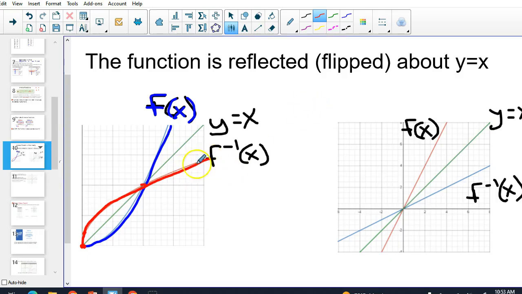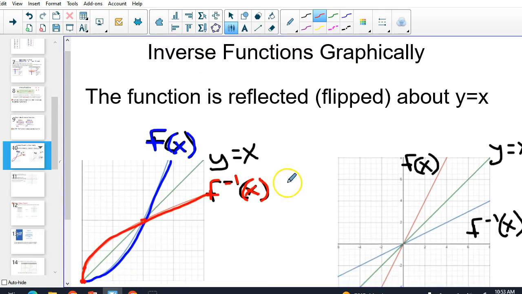To get the inverse, which is my red graph here, all that we have to do is change the x and y values, which if you think about it, you're making y equal to x and you're making x equal to y. We're inversing that x and y value.